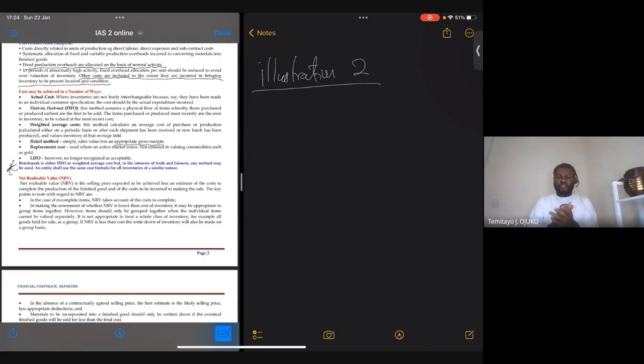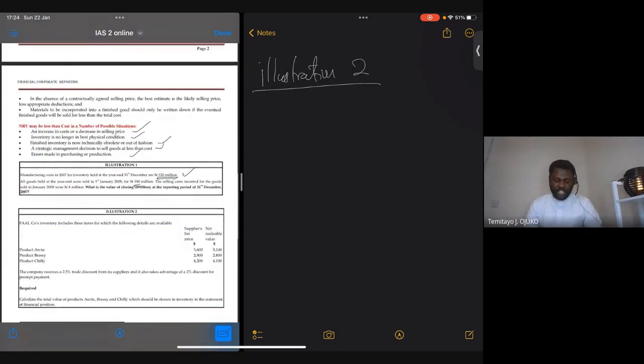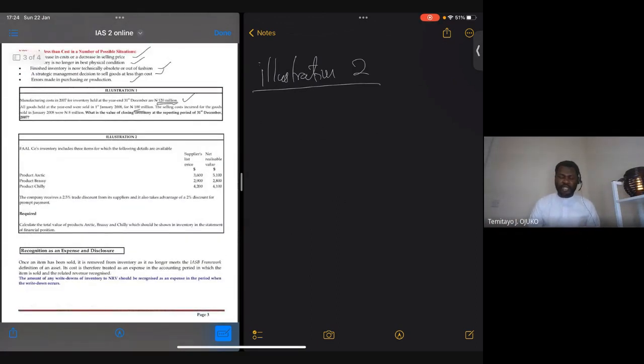Instead of just having all inventory costs and the net realizable value. So this question 2 is going to illustrate that clearly.